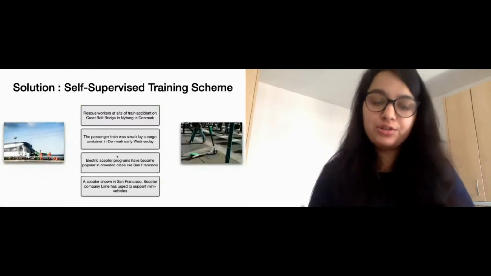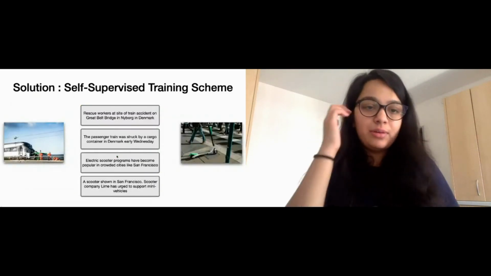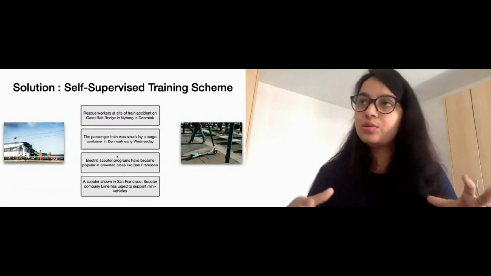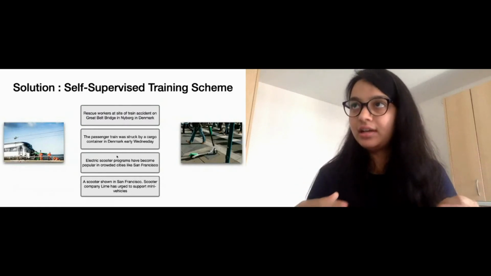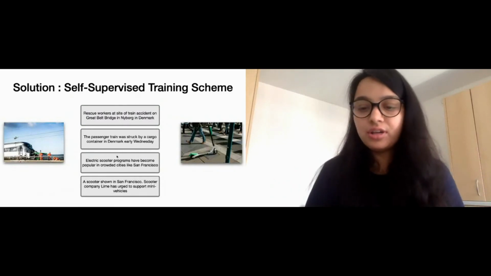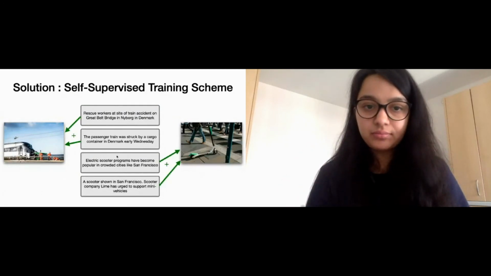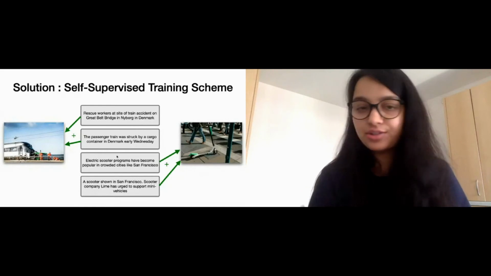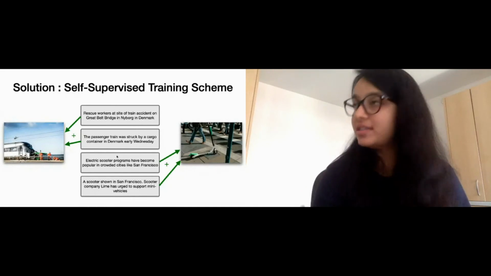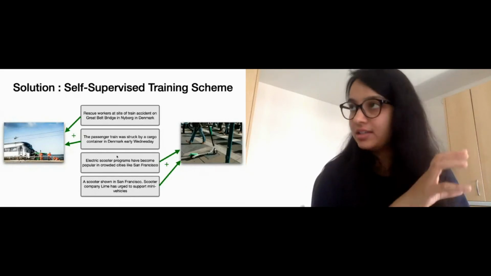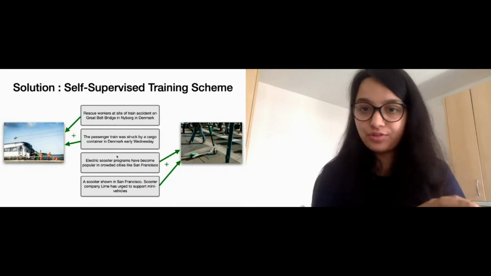What we do is try to associate the different captions in our data set with the images. The top two captions, the rescue workers and the passenger train, are positively associated with the image on the left, which is a train accident.